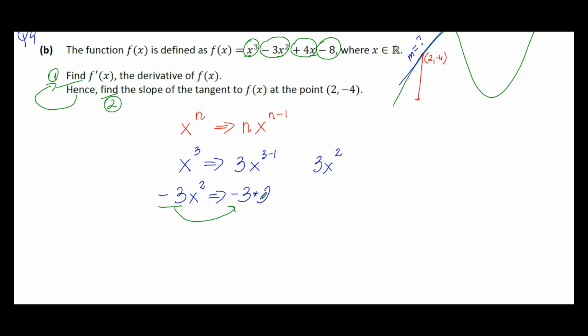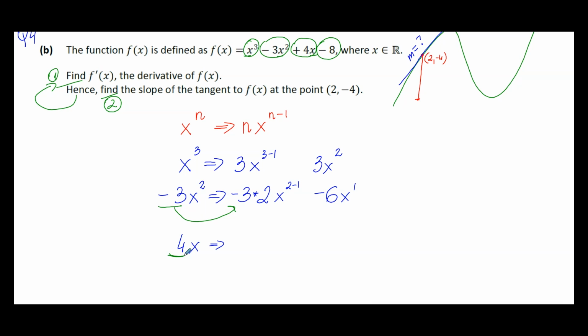My power is 2, so it will be 2, followed by x. And then the power minus 1, my power is 2, so 2 - 1. So that means -3 multiplied by 2, that will be -6x, and 2 - 1 will be 1, or we can live without the power.